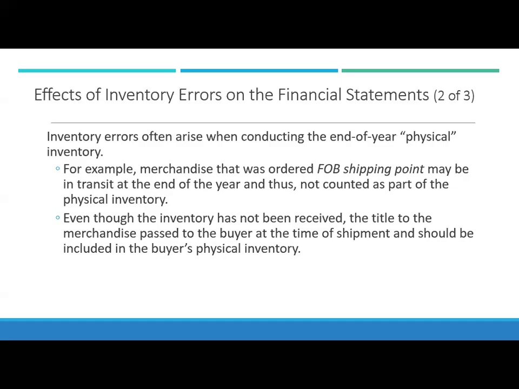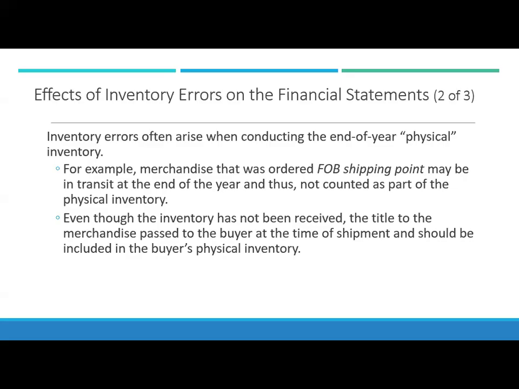So merchandise ordered FOB shipping point is our inventory the moment it gets on the truck, but we don't actually receive it until maybe a couple days later when it actually gets to us. We have to make sure that we're properly including inventory in transit that is under our legal control.